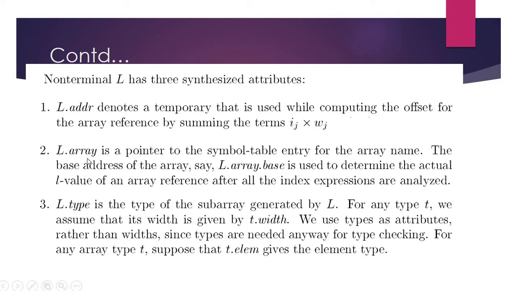The next synthesized attribute is L.array, which is used to retrieve the details about the array from the symbol table entry. And L.array.base, the base address of the array, will be retrieved from the symbol table again. Then L.type is the data type of each element in the array, which will be retrieved from the array.